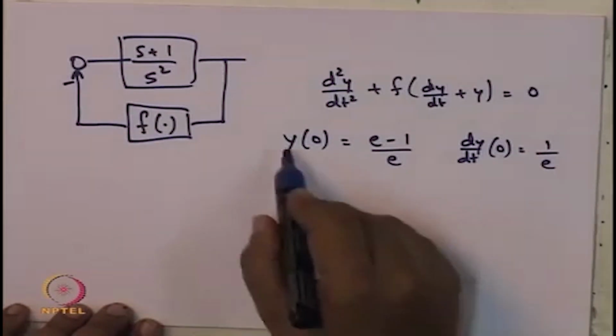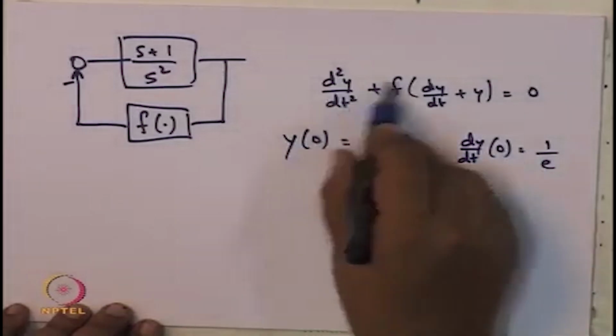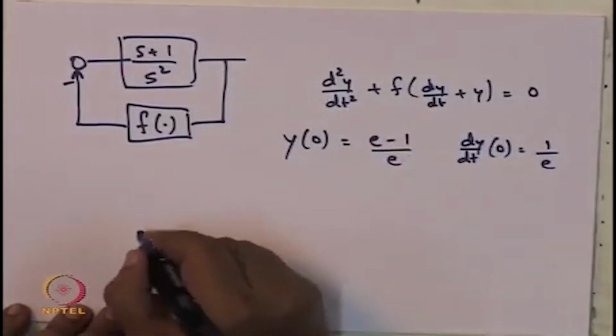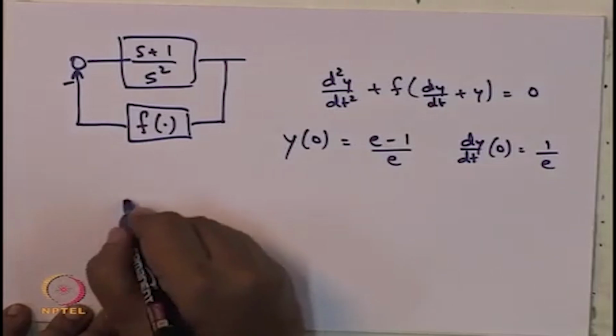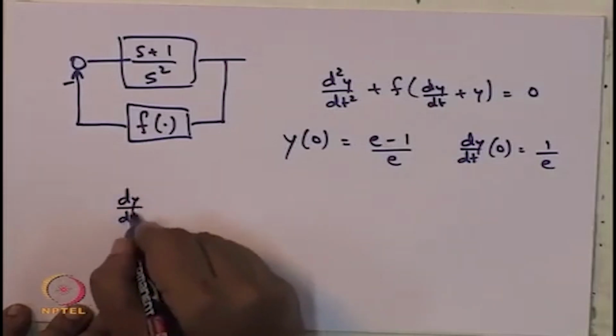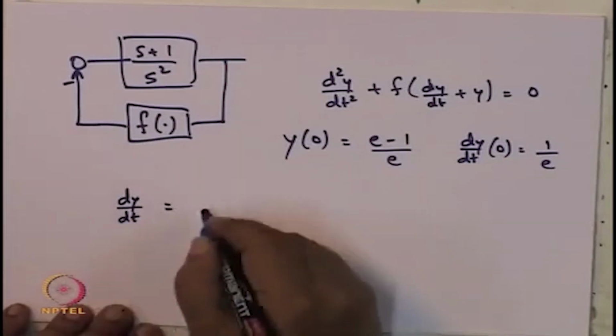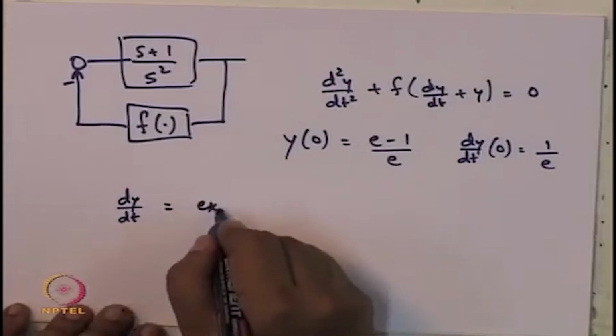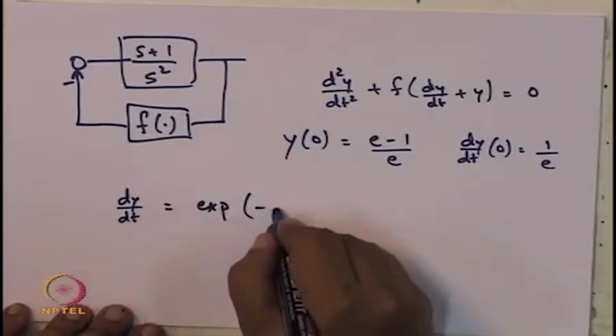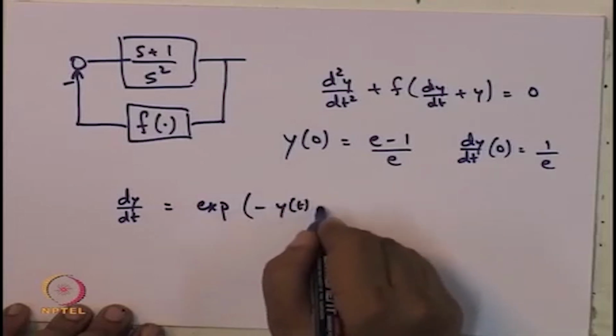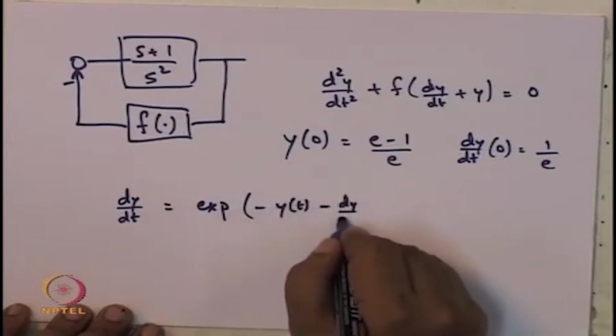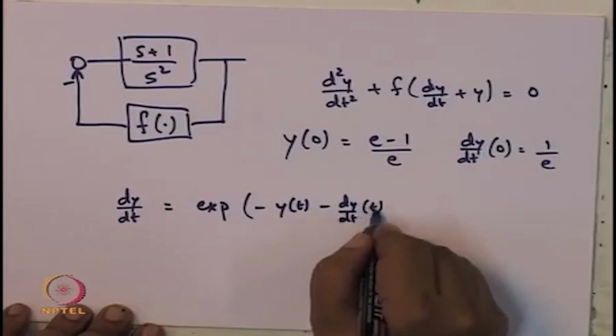So, I claim that for these initial conditions, the solution is given by the following. dy dt is equal to exponential of minus y minus dy dt.